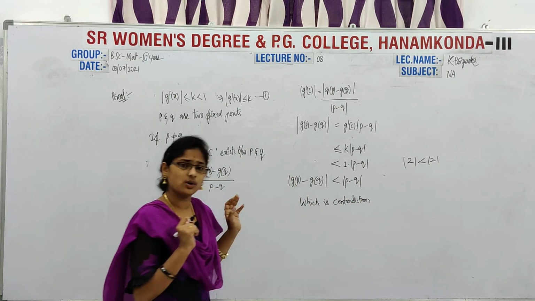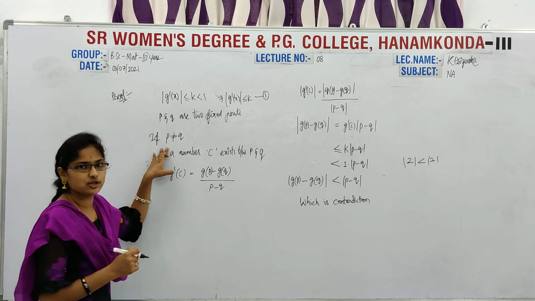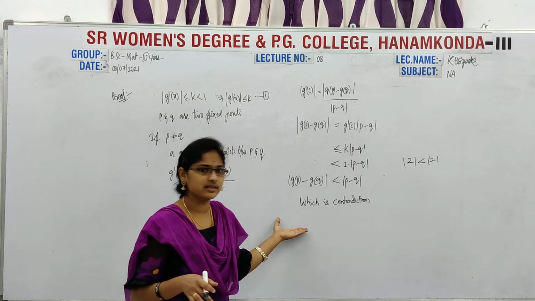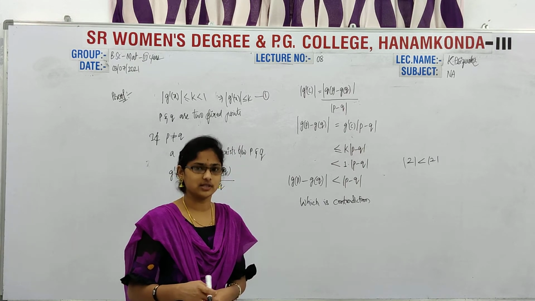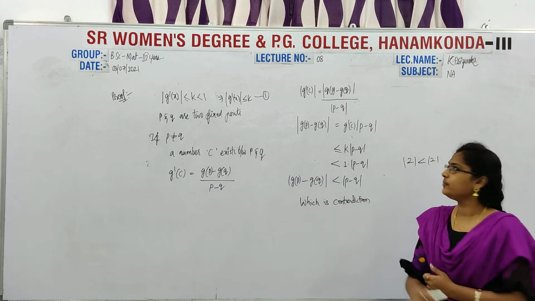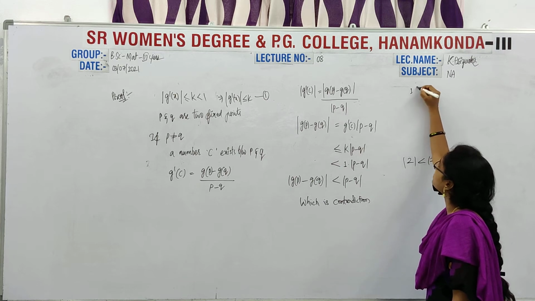So why did I get this contradiction? Because I supposed that P is not equal to Q. Now I want to explain one thing here. I have to prove that it has only one fixed point.